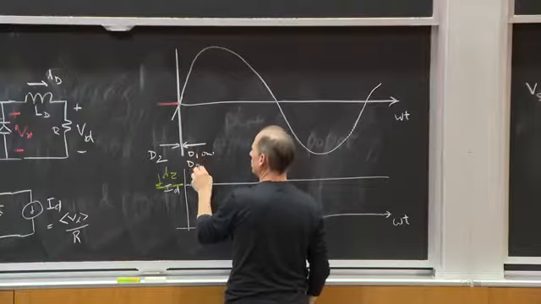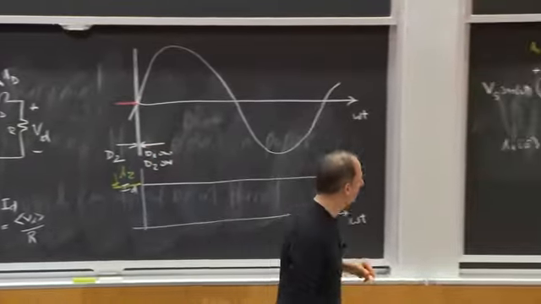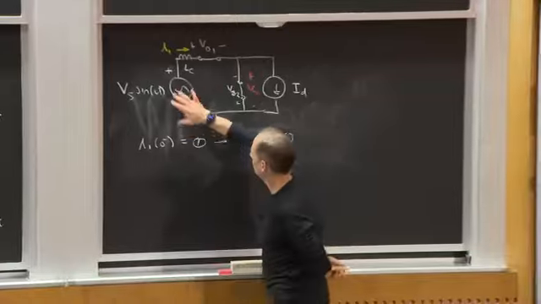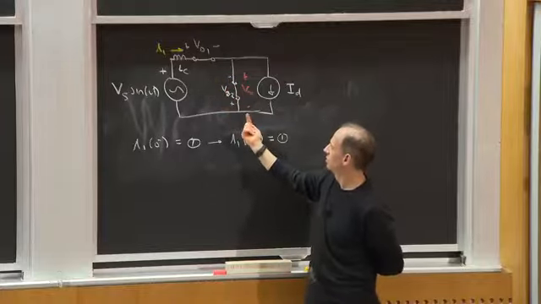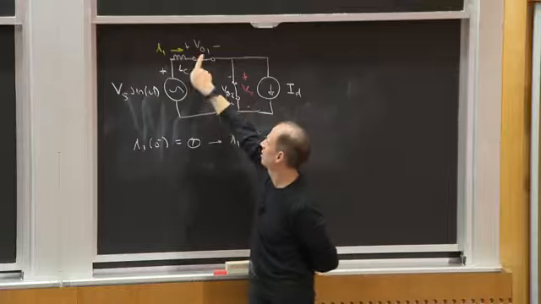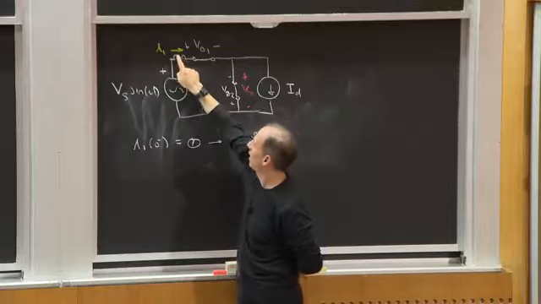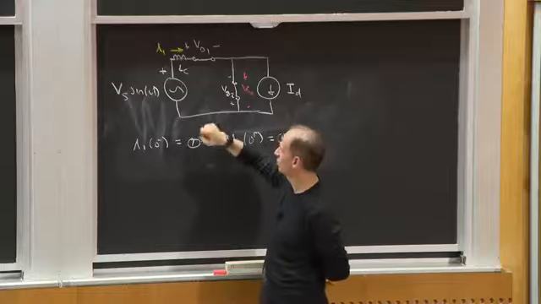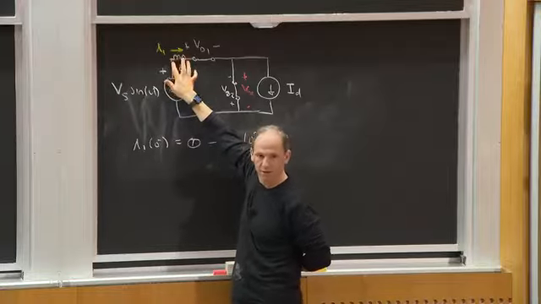And essentially, some of the current from ID is going to go through here, and some of it is going to come from the source. This current I1 is going to change over time. Essentially, the input voltage Vs sine omega t is being impressed across this inductance. Any questions about that?